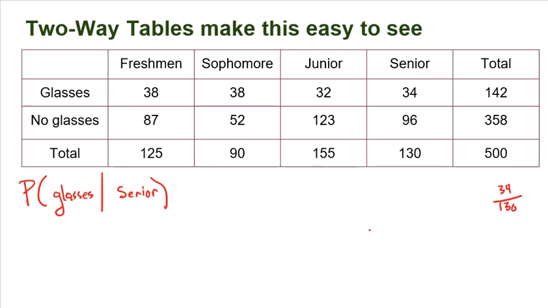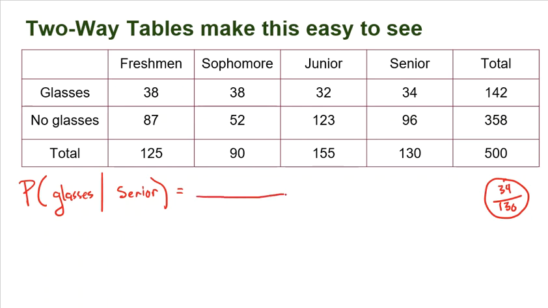Remember, the condition changes your denominator. Since I know this person's a senior, I'm only allowed to look at the 130 seniors, 34 of which are wearing glasses. But I want to show you how my new formula can also get that answer. But if this makes complete sense to you without a formula, by all means use it. I want to make sure the formula truly makes sense to you guys.